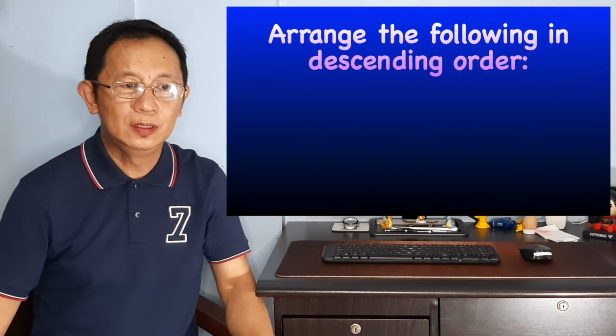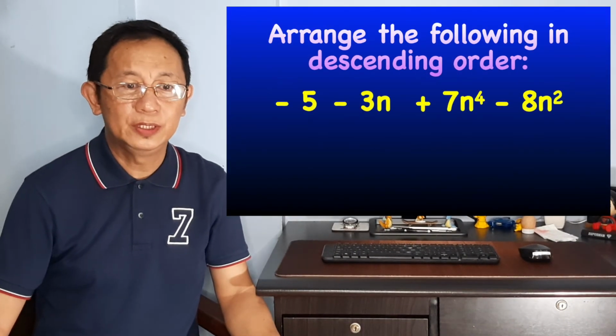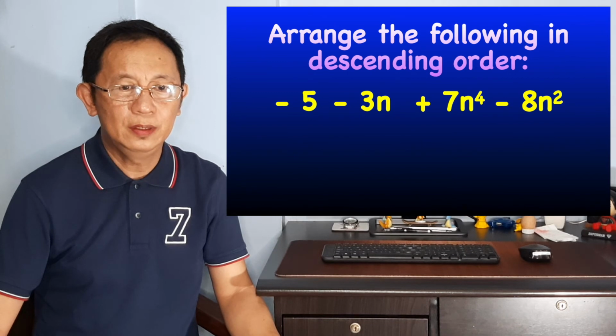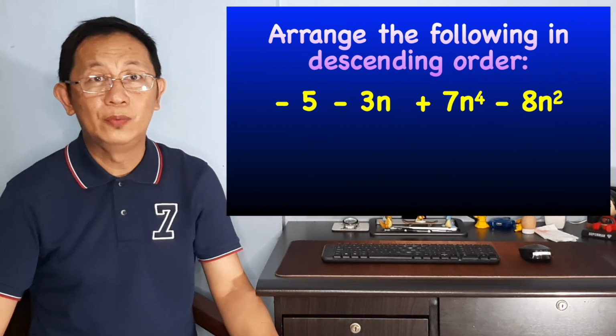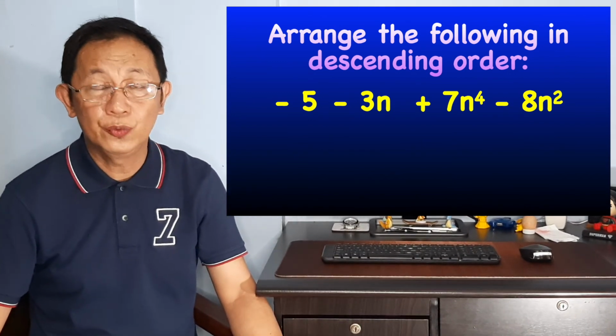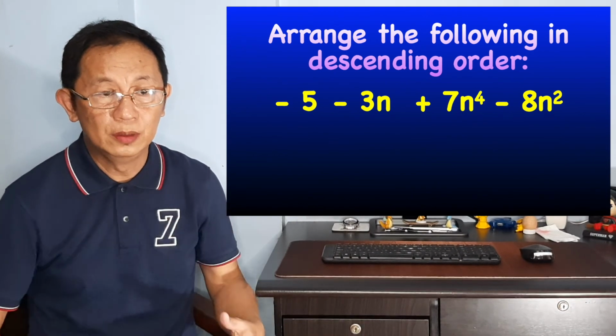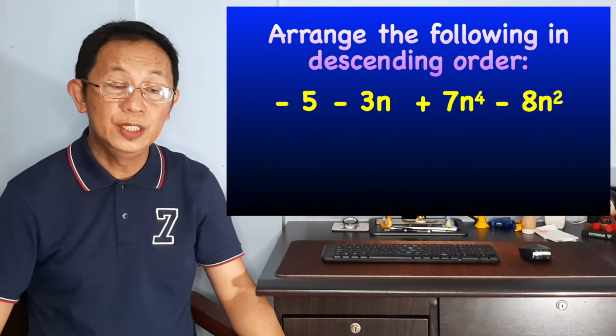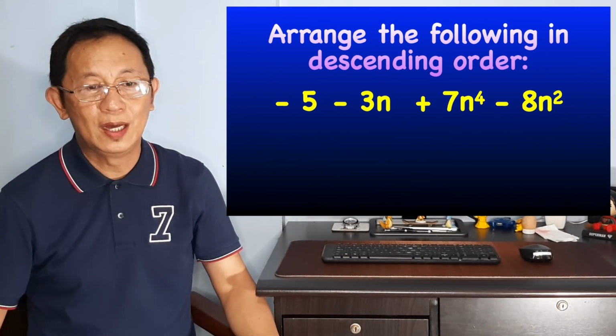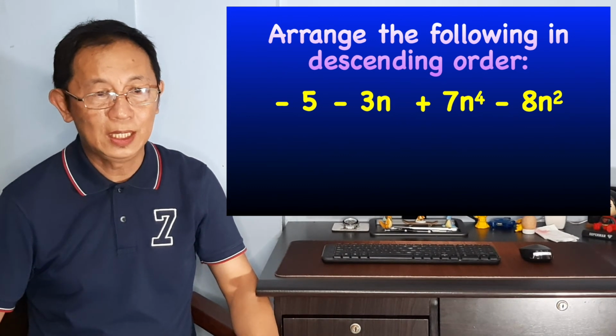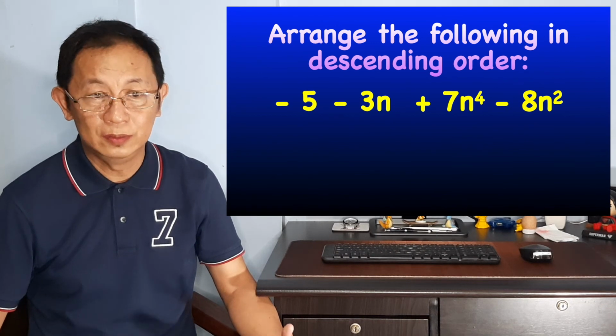Another example, negative 5 minus 3n plus 7n raised to the 4th power minus 8n squared. So we will arrange this polynomial in descending order. So ano ba dapat mauna? Anong term ang dapat mauna? At anong term ang dapat mahuli?